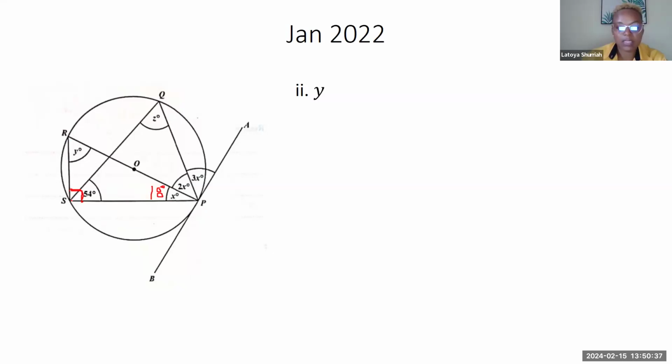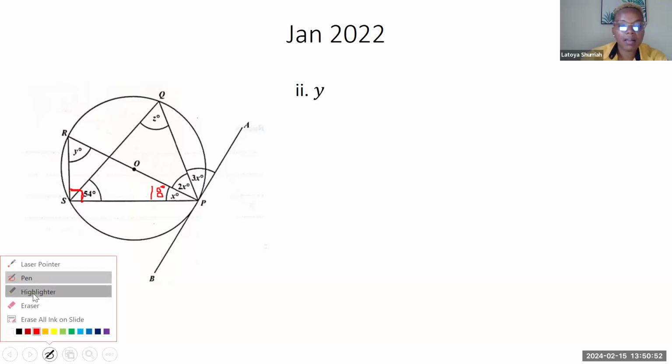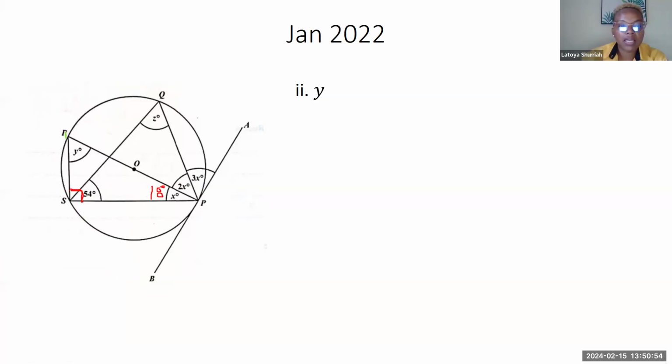So automatically it's 90 degrees. We know what X is because we worked that out already. We can also see that angle Y is formed within triangle RPS.